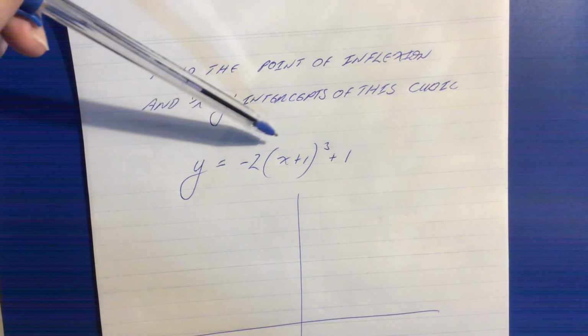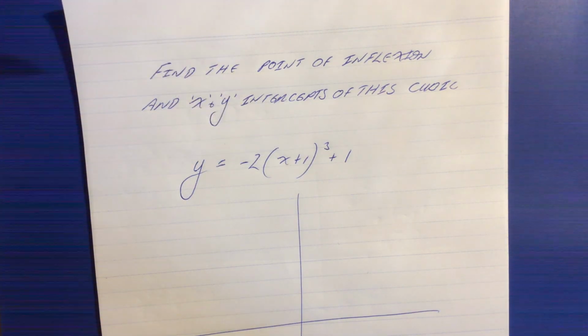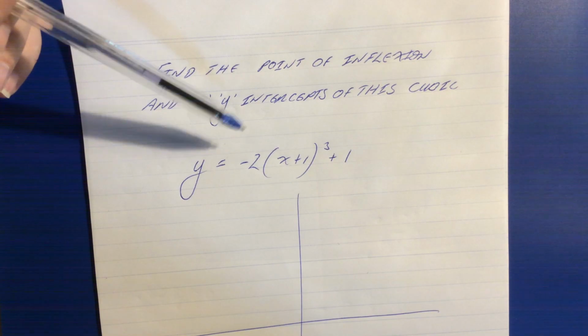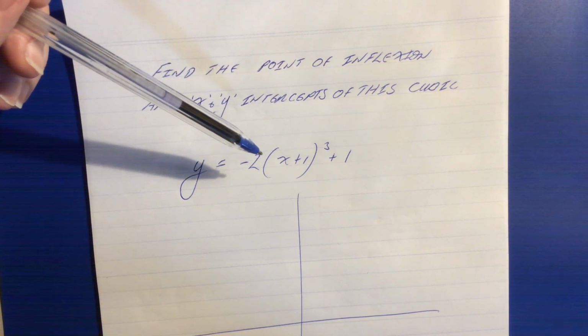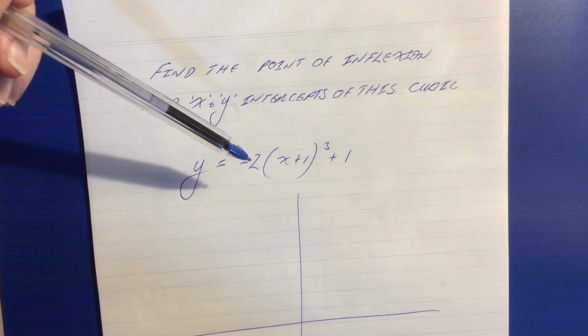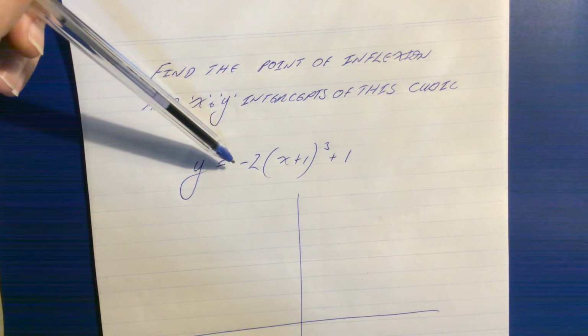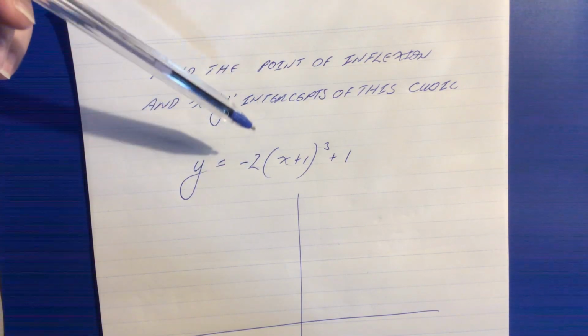It looks vaguely like turning point form. We don't have that with cubics, but we have something like it. And we can use the same principles that we use when interpreting the turning point form of a quadratic equation to go to work on this. Now, let's just have a look at what's going on here.